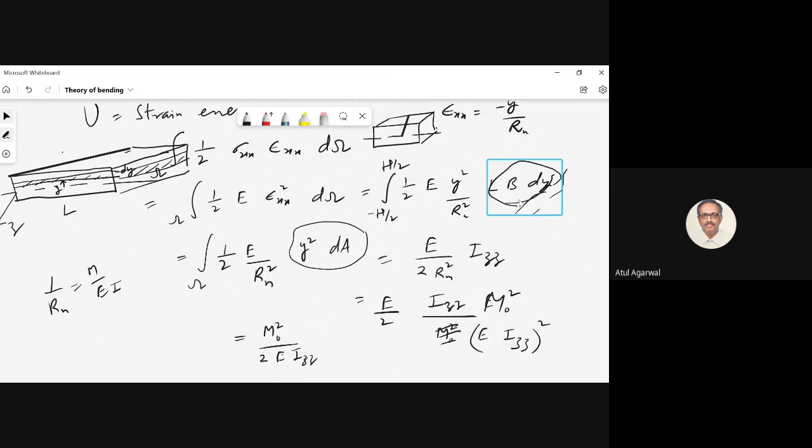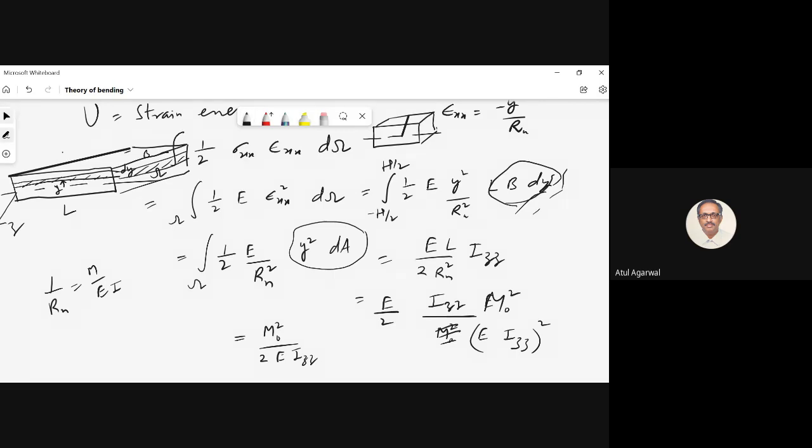Okay, so this B dy was a cross sectional area. I made a mistake. This B dy was the cross sectional area, so this Izz is only for this cross section. So L is continuing here.